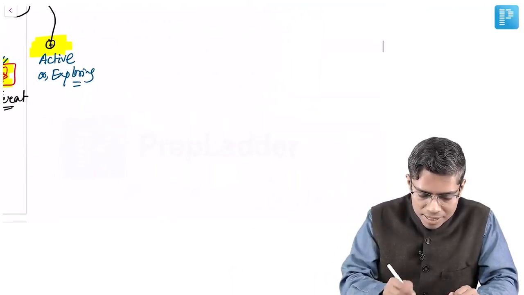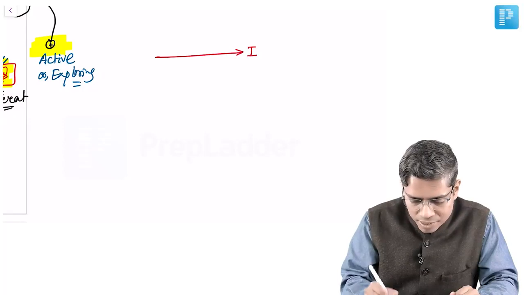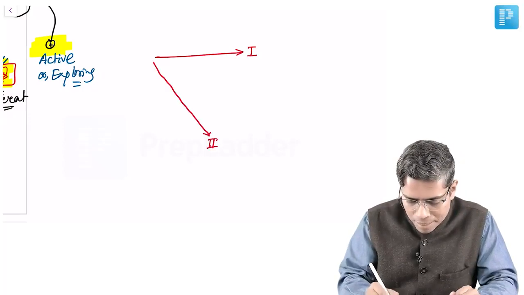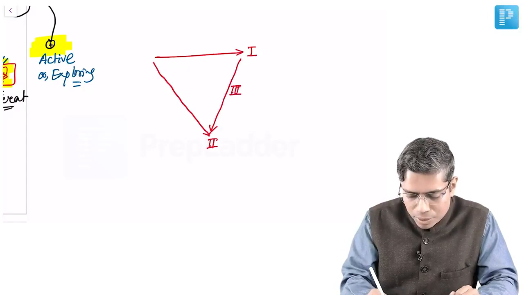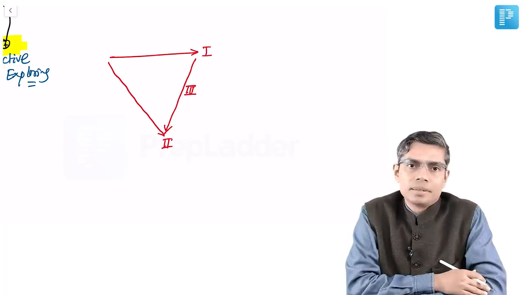What I told, I am writing here. So this is lead 1, this is lead 2 and this is lead 3. This is making an equilateral triangle, and this triangle is known as the Einthoven triangle.